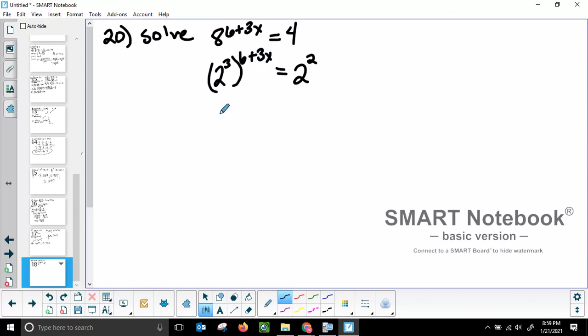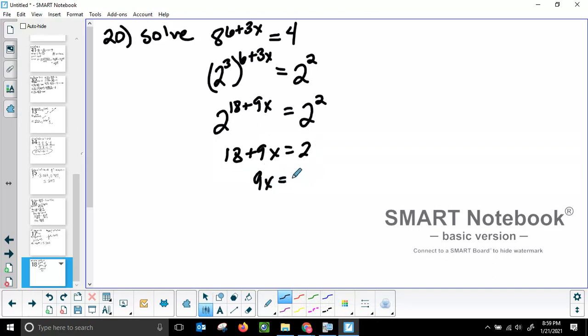Do remember to distribute here. So this is really 2 to the 18 plus 9x is equal to 2 squared. Now that my bases are the same, I can just set my exponents equal to each other. So 18 plus 9x equals 2. Subtract 18 from both sides. We get 9x is equal to negative 16. Divide. So x is equal to negative 16/9. And we are done.